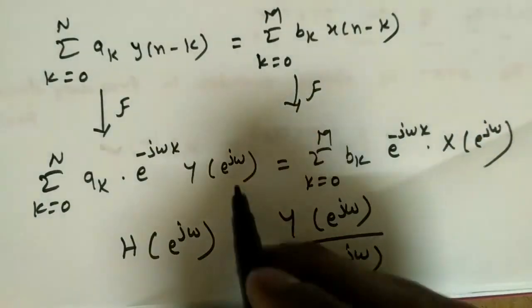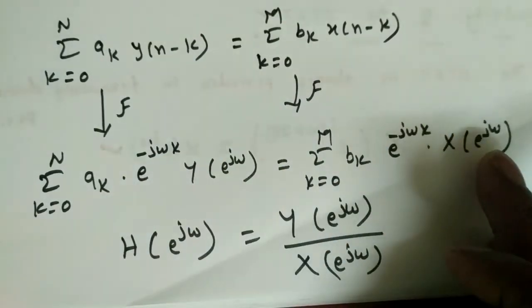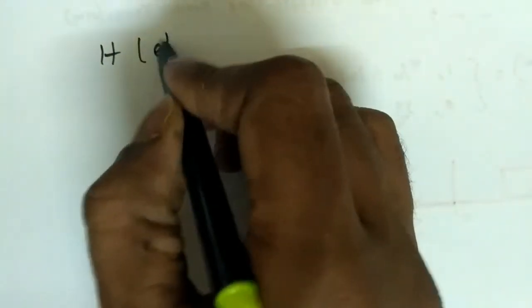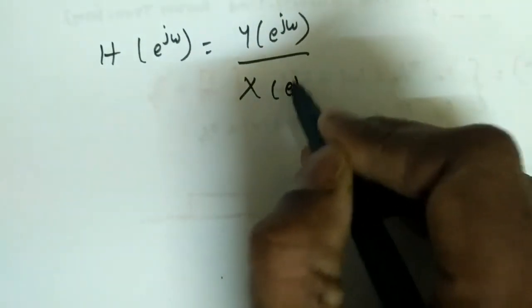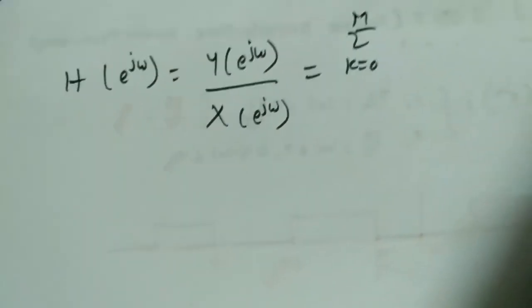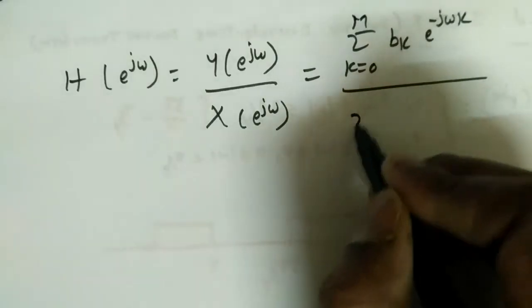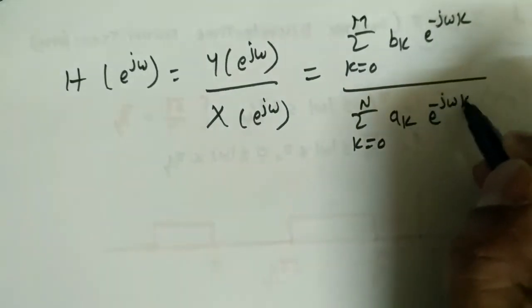So the frequency response of the system is h of e power j omega, equal to y of e power j omega by x of e power j omega, equal to sigma k equal to 0 to m bk into e power minus j omega k, divided by sigma k equal to 0 to n ak e power minus j omega k.